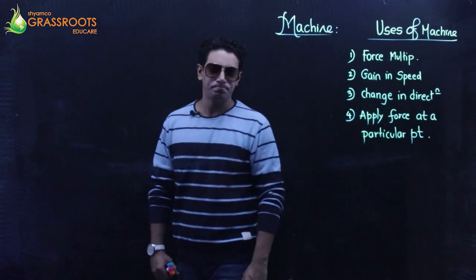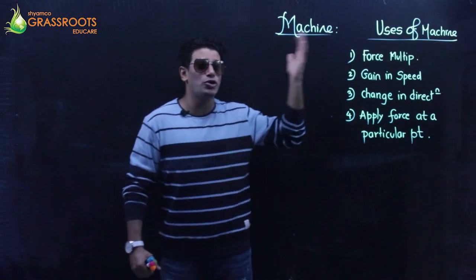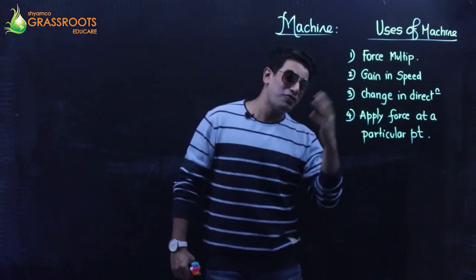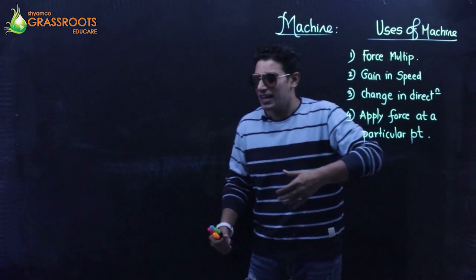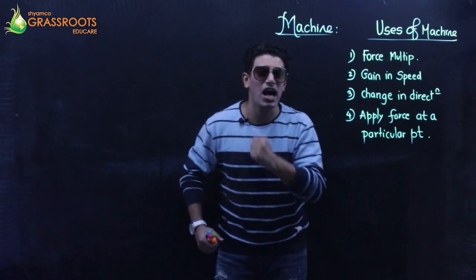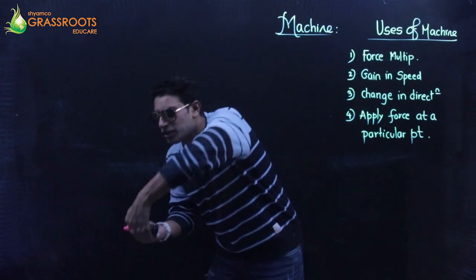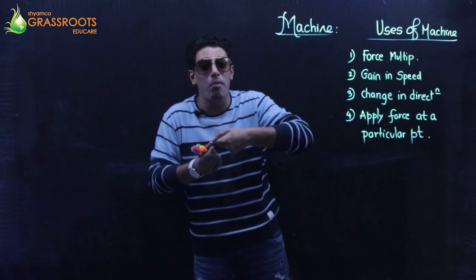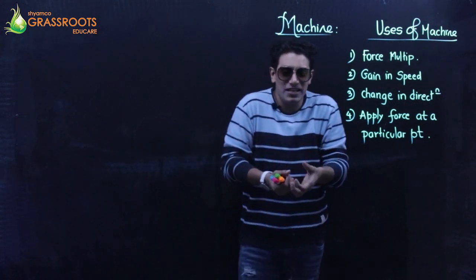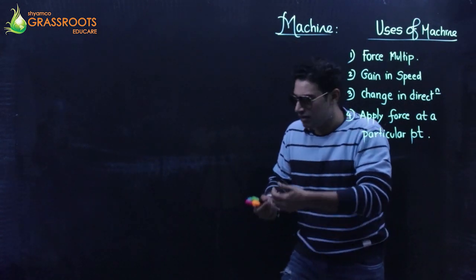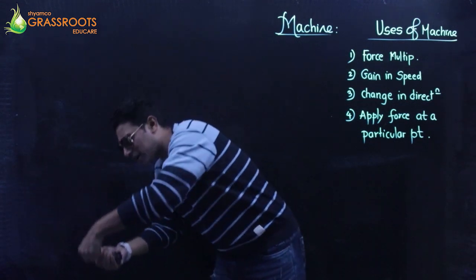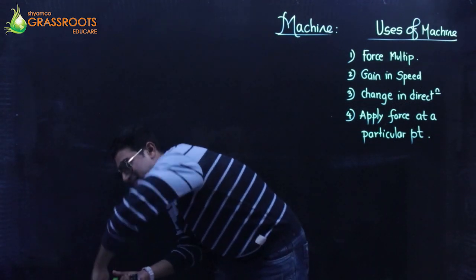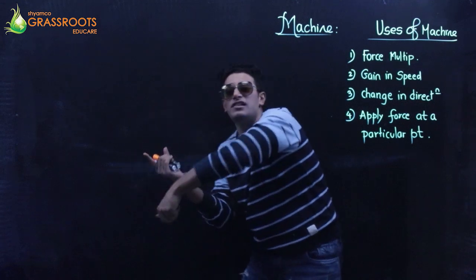Change in direction. I've gone to a village, and I have been assigned a task. Lift up the water from a well using a bucket and a rope. So I have been given a rope, a bucket, and I have to push the bucket inside the water and then, oh gosh, lift up.